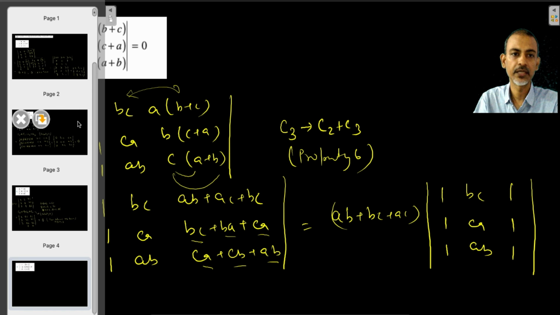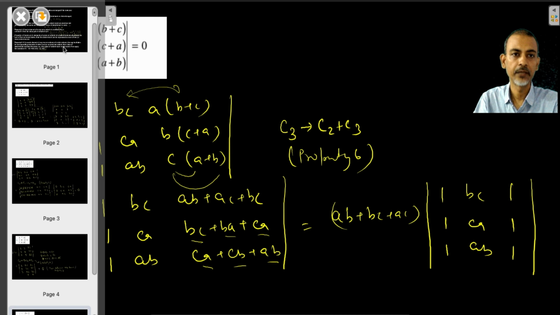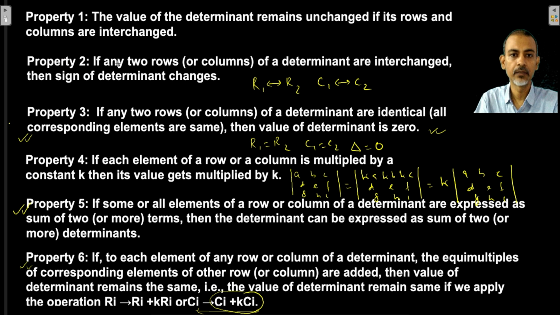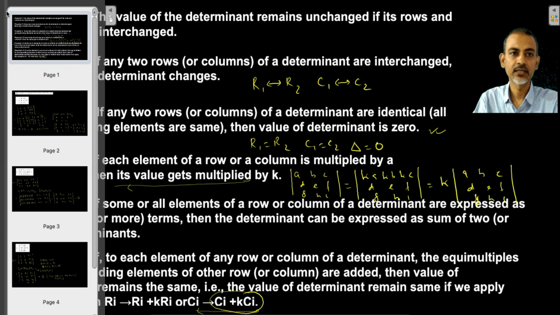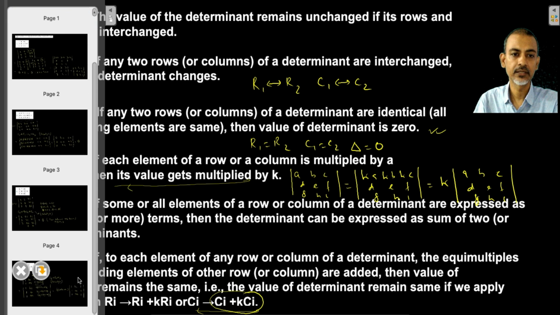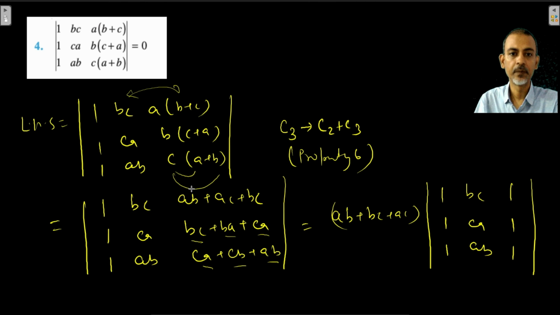So which property is that? If you look at my property number 4, if each element of a row or column is multiplied by a constant K, right? So what happens in this one is that there is a constant multiplied. We are treating AB plus BC plus AC as having 1 over here, 1 over here, and 1 over here.